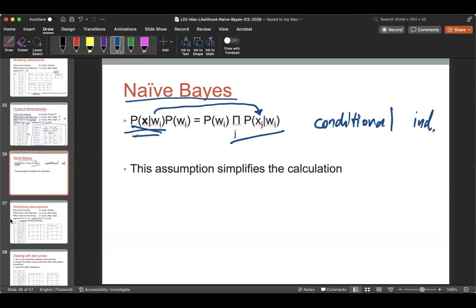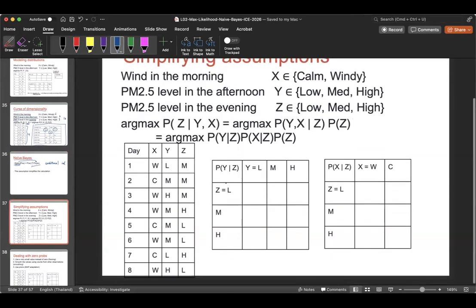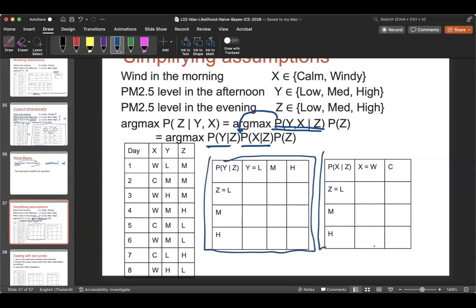So in this case, I have P of X given Z, assuming conditional independence. This can be expanded into two parts, and now my distribution looks like this and this.